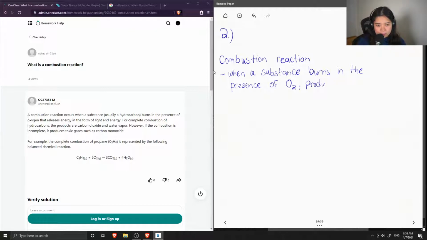And the products of a combustion reaction are carbon dioxide and water. And then I'll just say in brackets that this is how energy is produced as well.